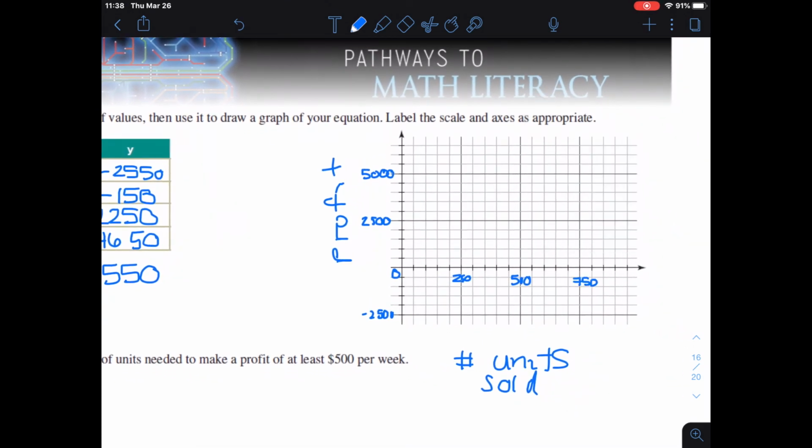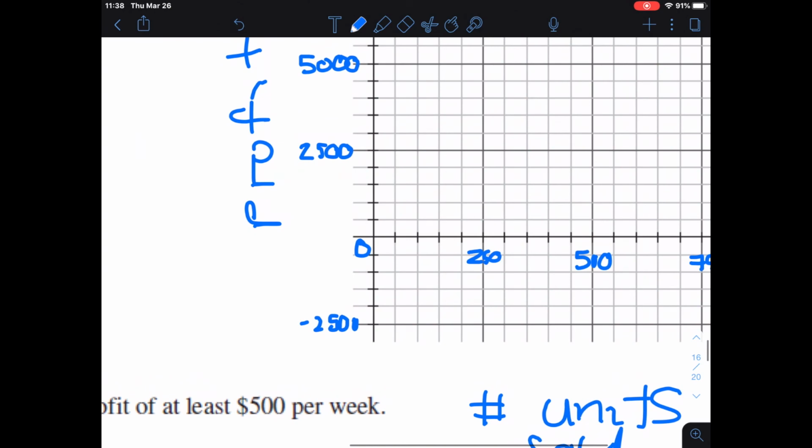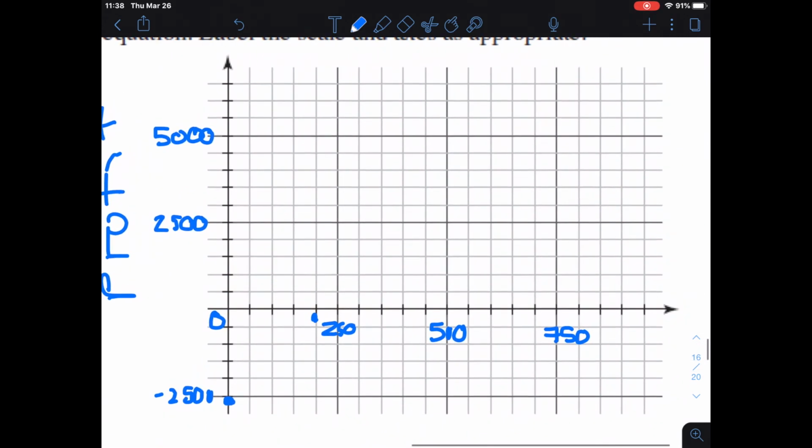Our profit for 0 cookie jars is negative 2,550, so it's a little bit less. When you sell 200 cookie jars, we're at negative 150, which is around here. When we sell 400 cookie jars, which would be this point here, it'll be up by 50, so 300, 350, 400.